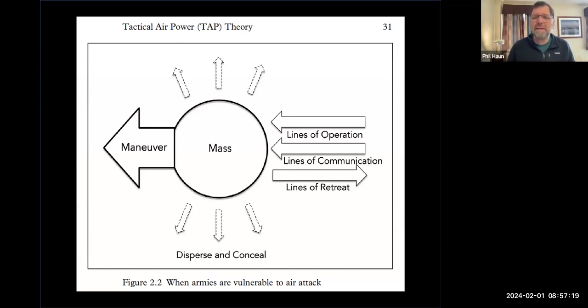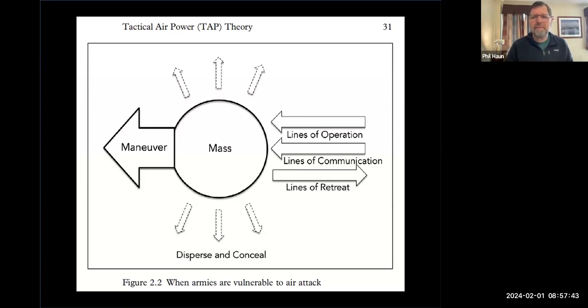A tank is more mass than an infantry, but they also can mass in terms of size. And the larger the size of a ground force, the more concentrated, the easier it is to identify from the air, and the more efficient airstrikes are against a massed force. The second time forces are really vulnerable is when they maneuver.